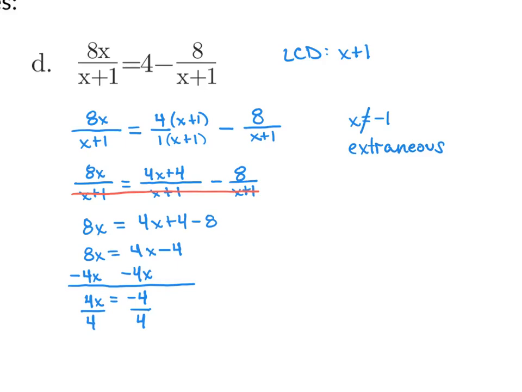Basically, extraneous means that you didn't do anything wrong, it just doesn't work in the original problem. Okay, so what do we need to know? What we need to know is if our only solution doesn't work, then what is our answer? Our answer is no solution.